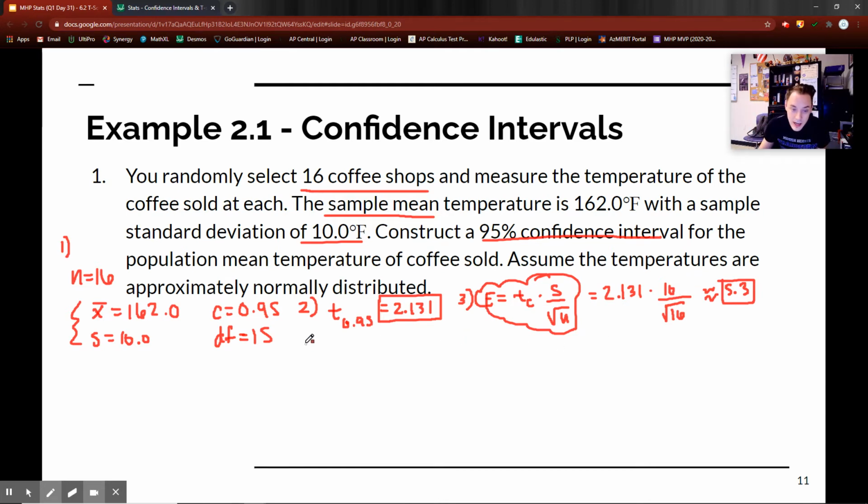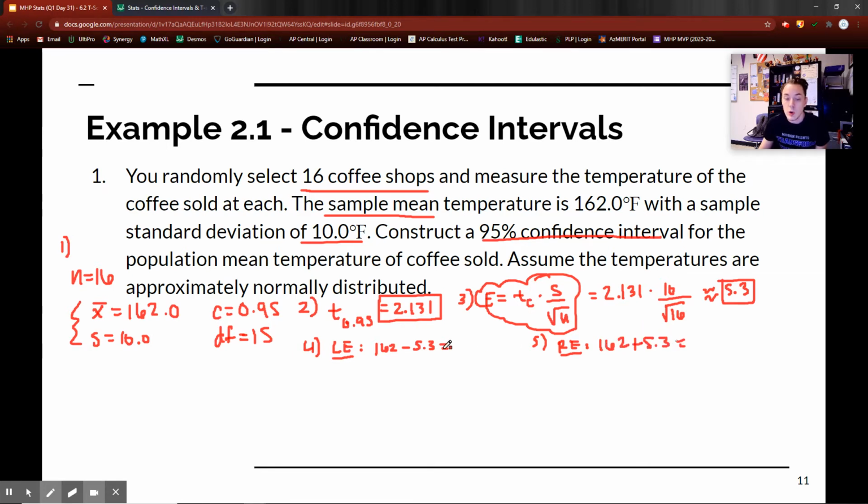Now I'm going to do step 4 over here. To find my left endpoint, I take my mean, 162, minus my margin of error, 5.3. For my fifth step, to find my right endpoint, I do 162 plus 5.3.